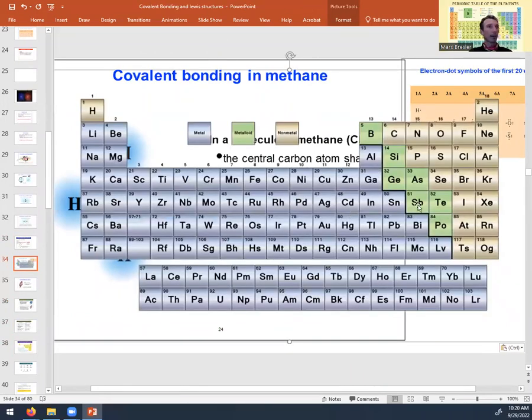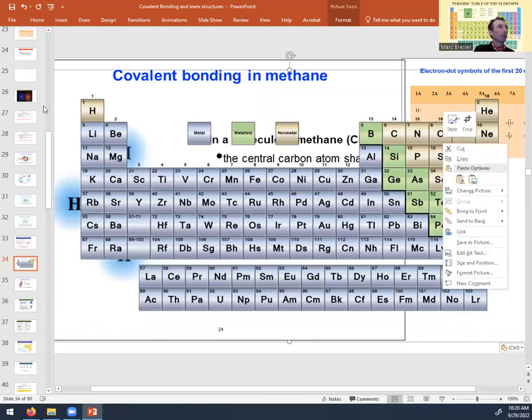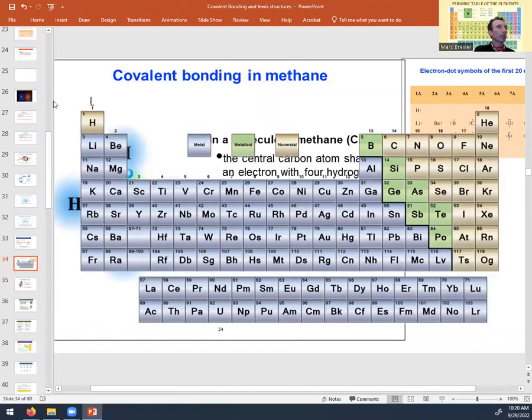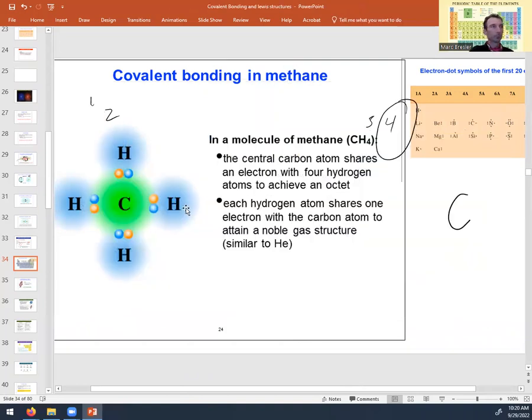Here's the periodic table: 1, 2, 3, 4, 4 valence electrons. So you can put those as little dots. Well, carbon wants to have 8 valence electrons like neon. Neon would have 8: 1, 2, 3, 4, 5, 6, 7, 8. And they're both in n equals 2.